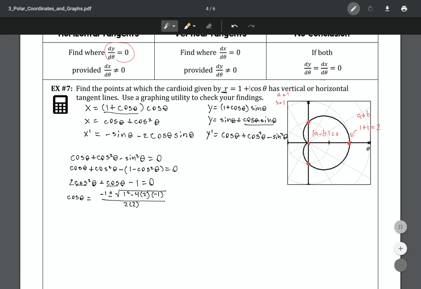If I do all of that, I would get negative 1 plus or minus 3 over 4. So cosine theta would be equal to 1/2 and negative 1. I'm going to write them in ascending order: negative 1 and 1/2.